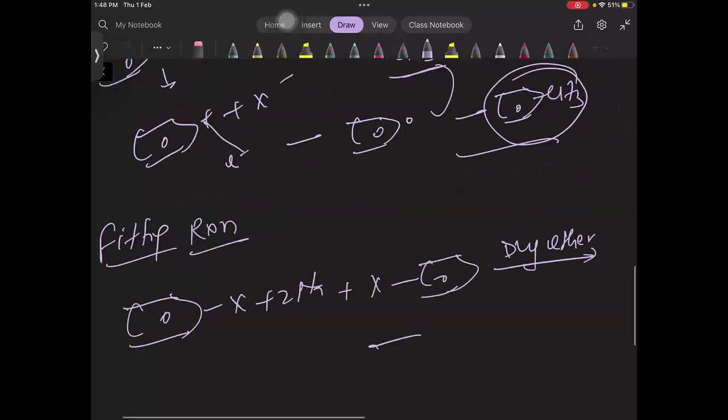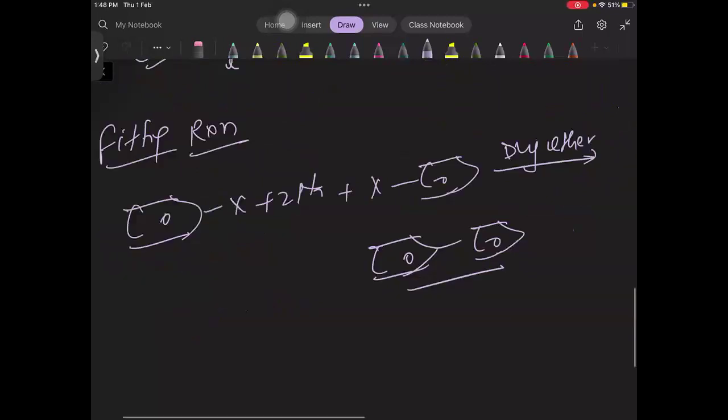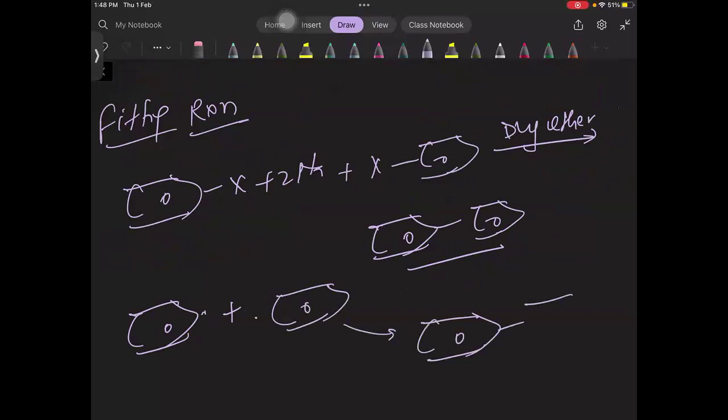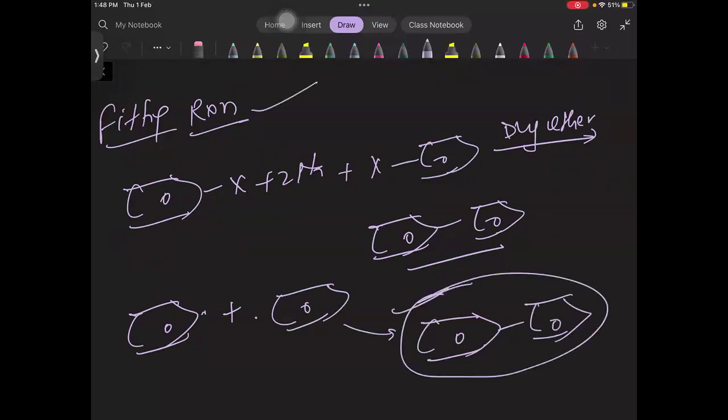What will form? Biphenyl, benzene attached to benzene. The mechanism is the same: a benzene free radical plus another benzene free radical, which combine together to form biphenyl. So this compound is formed in the Fittig reaction.